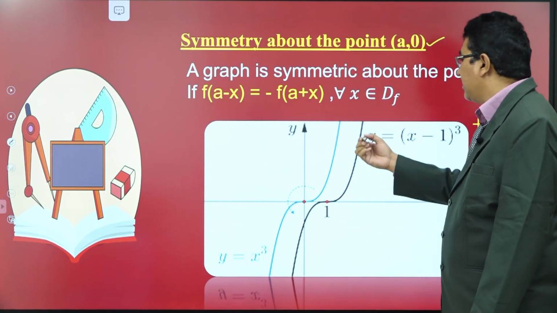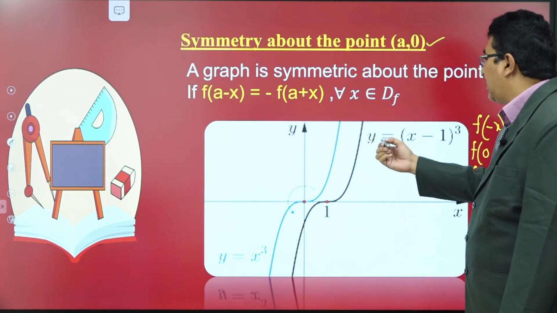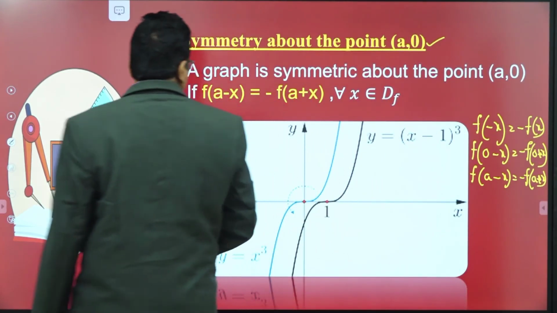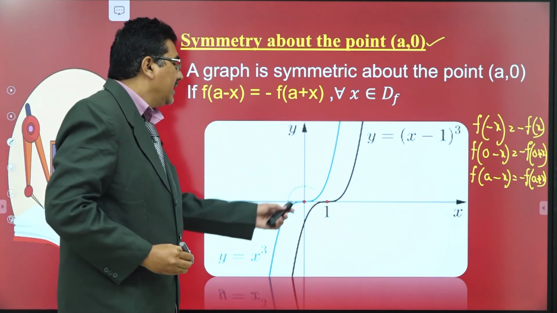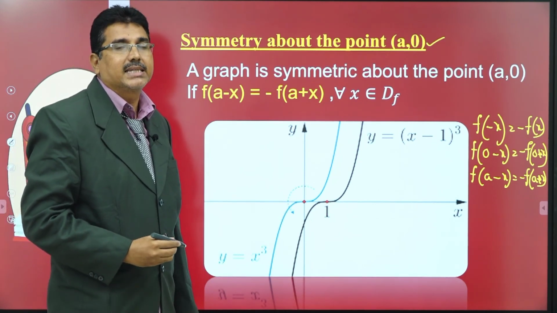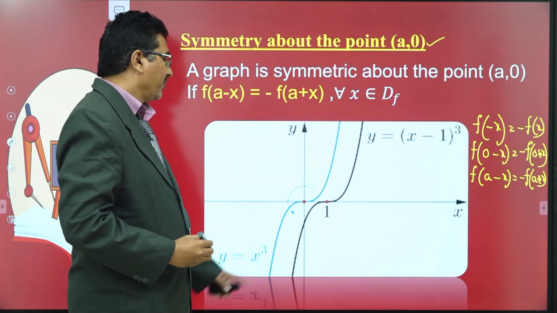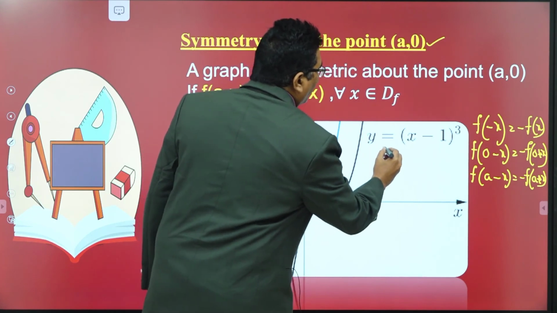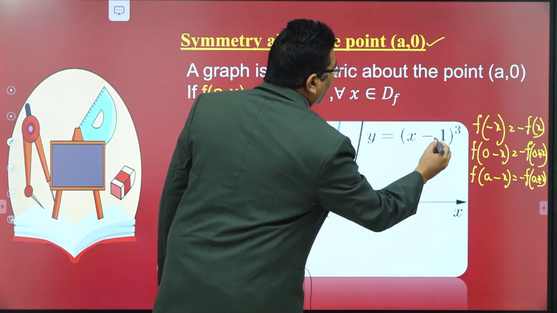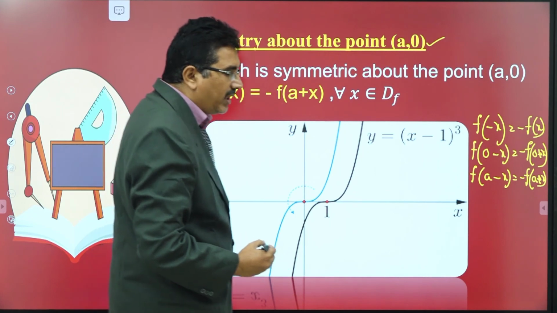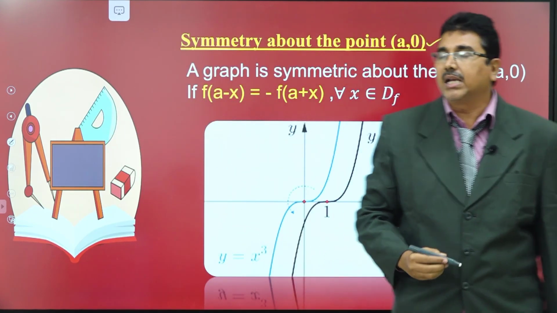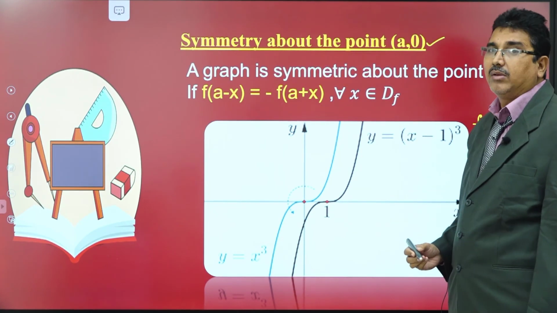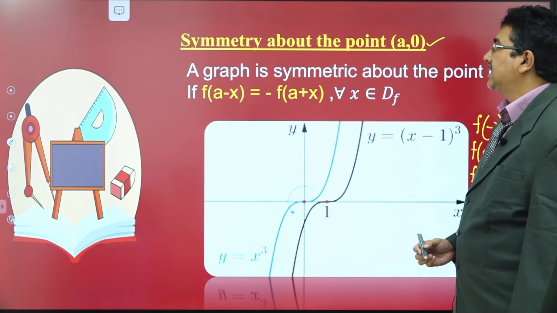The black curve indicates the graph of y equals (x minus 1) whole cubed. The graph y equals x cubed is symmetric about the origin, but the graph y equals (x minus 1) whole cubed is symmetric about the point (1, 0).